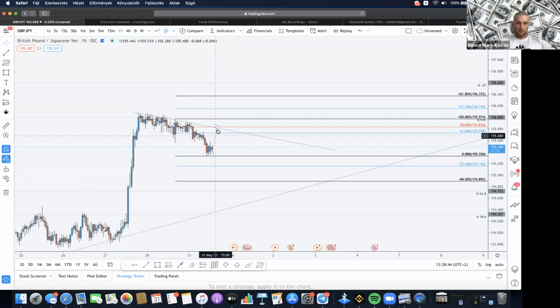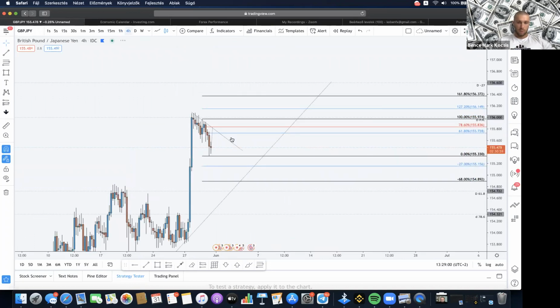For me, I think the bigger pullback still has bigger potential, but we can also see the other scenario that can happen. So that's the setup for me on GBP/JPY. The question is whether it makes the pullback to the upside and continues lower, or makes the break of structure, makes the pullback and continues higher.